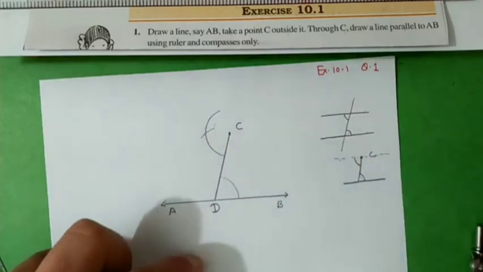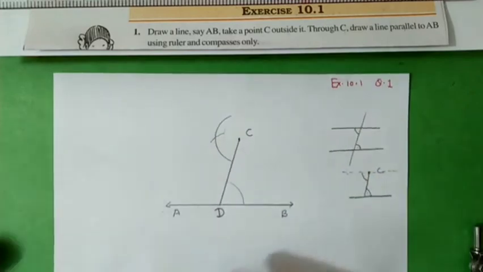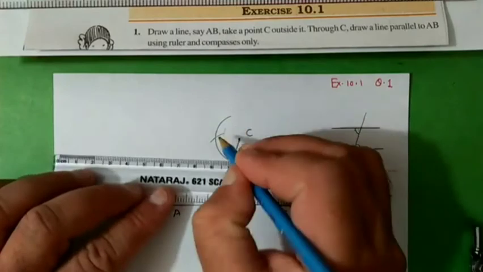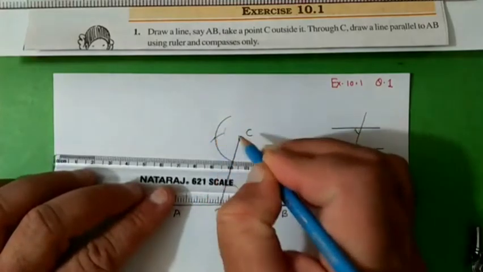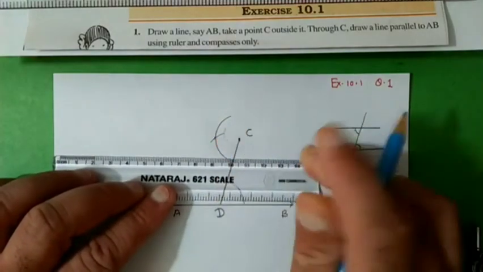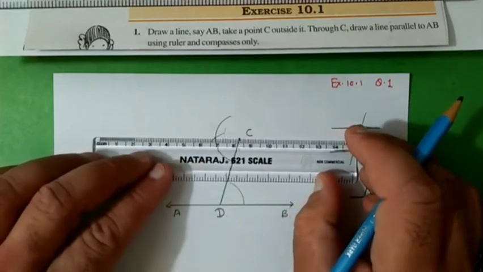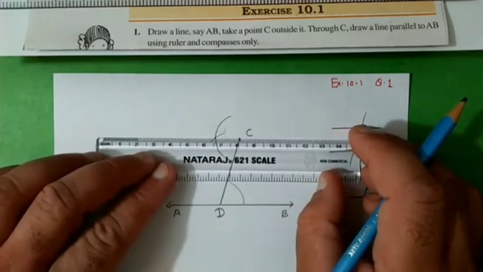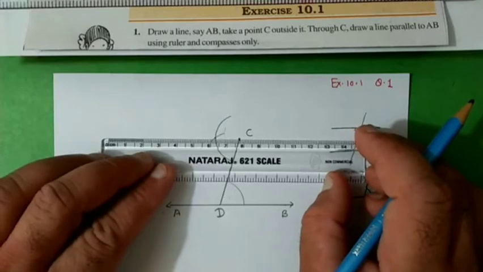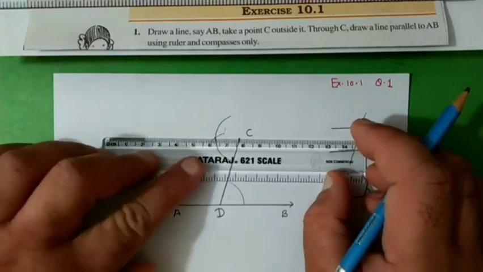So you can see these two alternate angles are the same. So with the help of a ruler, by using these 2 points, I will draw a parallel line. Okay, look at here carefully.